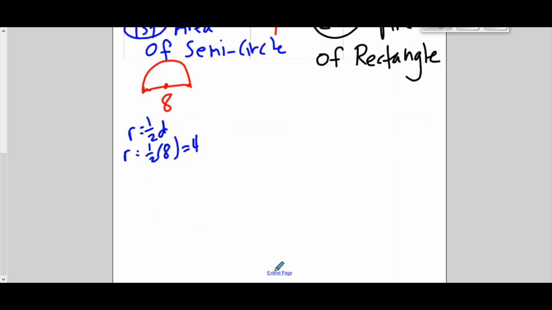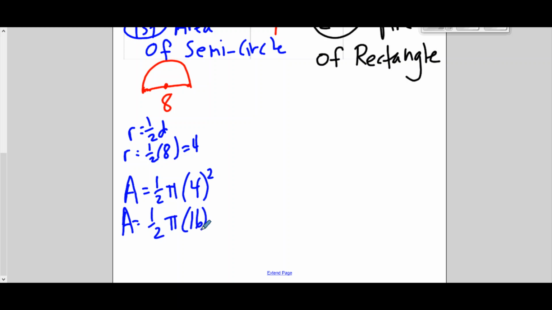So to find the area of the circle, I'm going to do area equals pi. It's a half circle. So area equals 1/2 pi times the radius squared. So this is 1/2 of pi times 4 squared is 16.